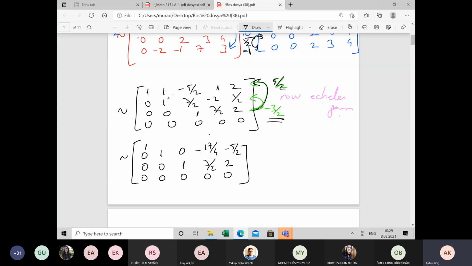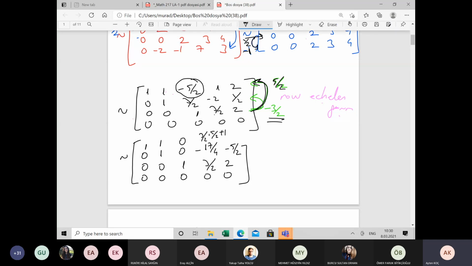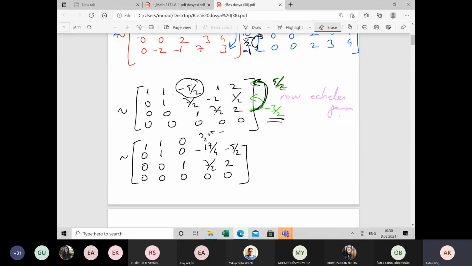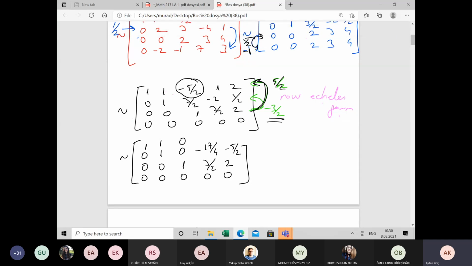Yes, sorry. And our aim is to get 0 here. How to get it? Multiply by 5/2. 1, 0, 3/2, 3/2 times 5/2 plus 1. So we obtain this entry as the result.